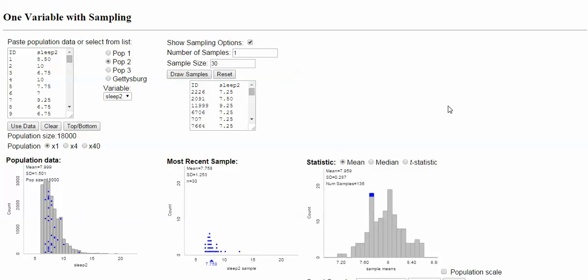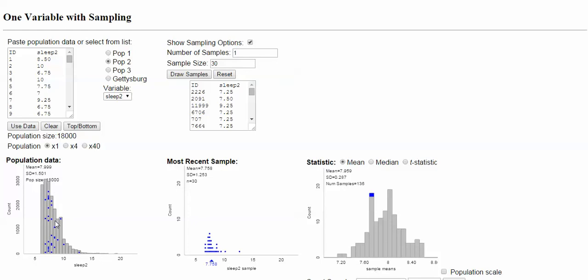So basically what we saw is that when the population is normal, the sample means always follow a normal shape, regardless of what sample size you're using.